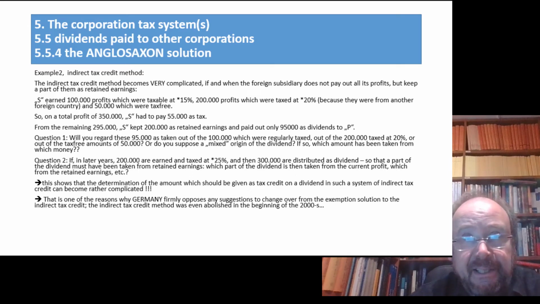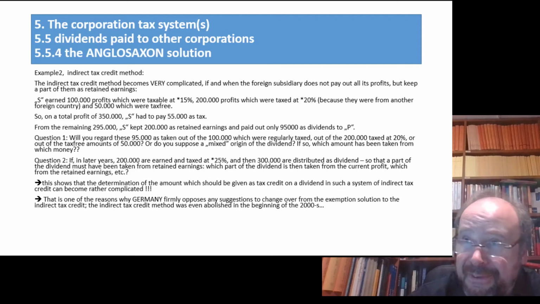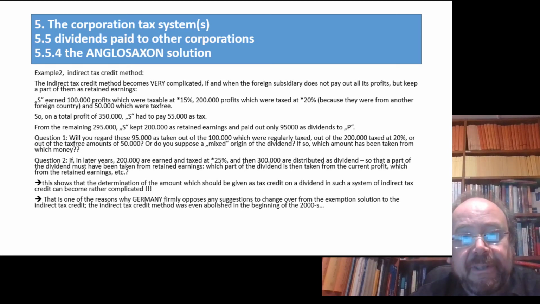Or you can say they are taxable revenue, but the underlying tax is credited. Both lead to a removal of double taxation. Not corporate double taxation, but an economic double taxation in a group. And so both fulfill the basic requirements that a corporation tax system can still work, even when you have groups.